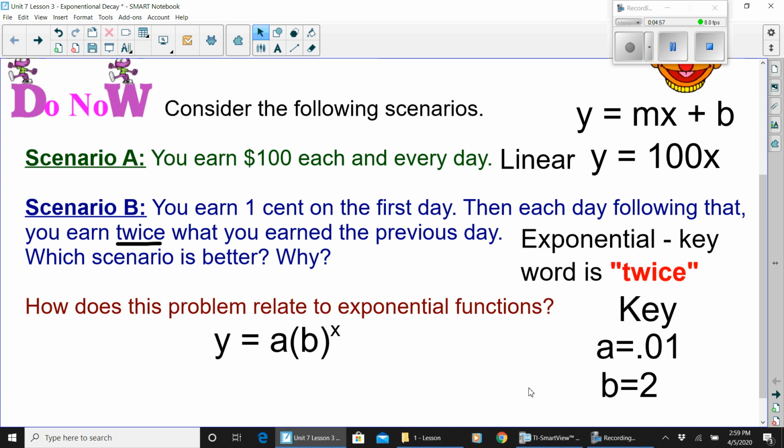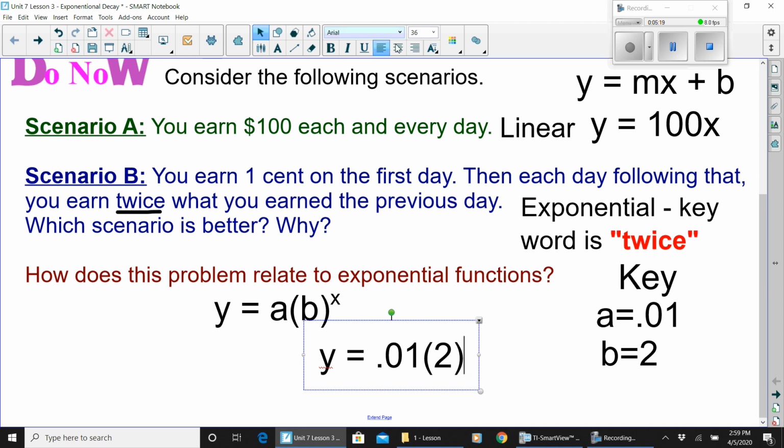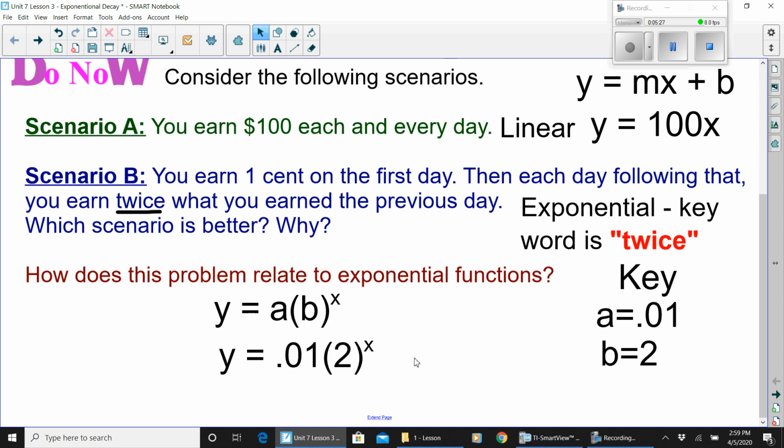So when I substitute into this formula, I'm going to have y equals 0.01 times 2 to the x. The x would be like the time, but we don't have that. This is just a formula that we're going to use. That's it.